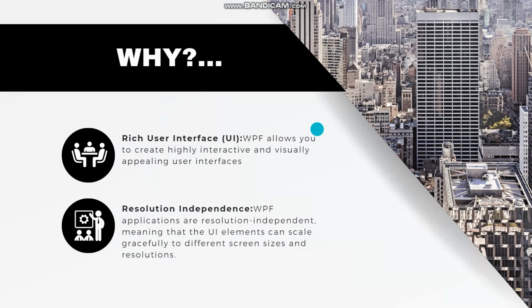As I said, when we use WPF, it gives us very rich features, so we can create something very beautiful, elegant, and appealing as a user interface. There are many languages, but WPF simplifies the work of creating an extraordinary user interface.